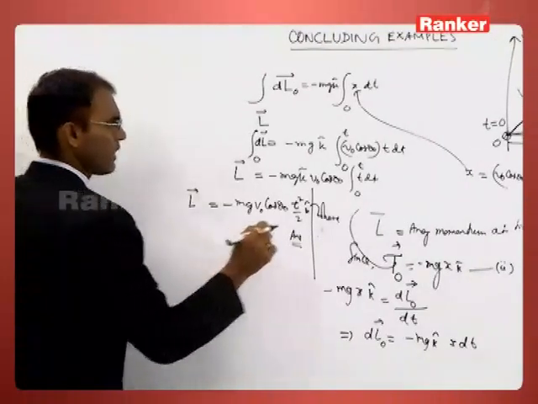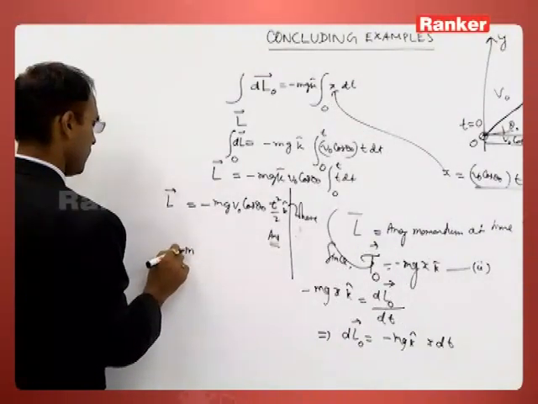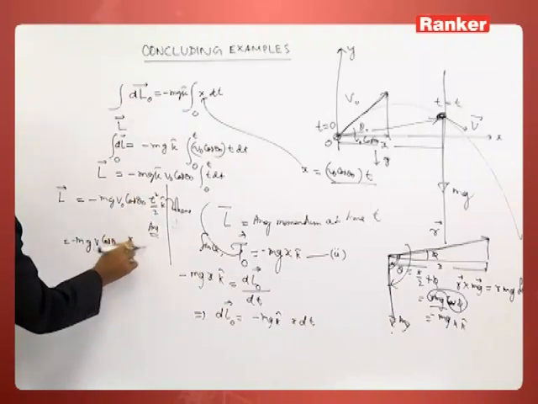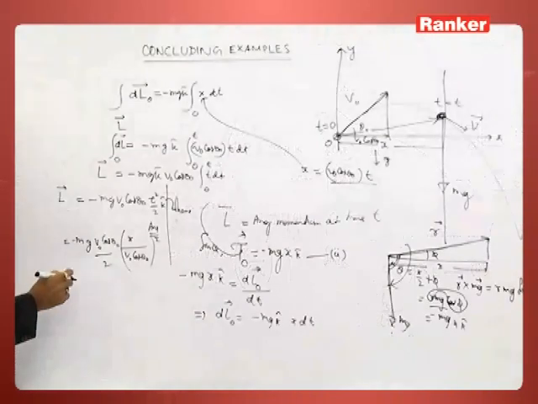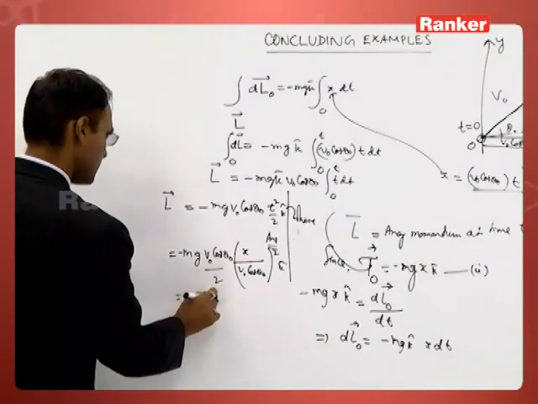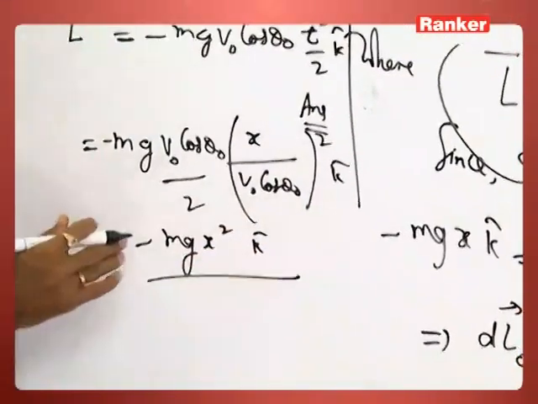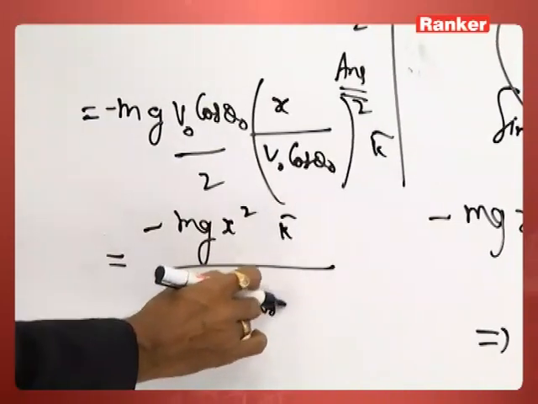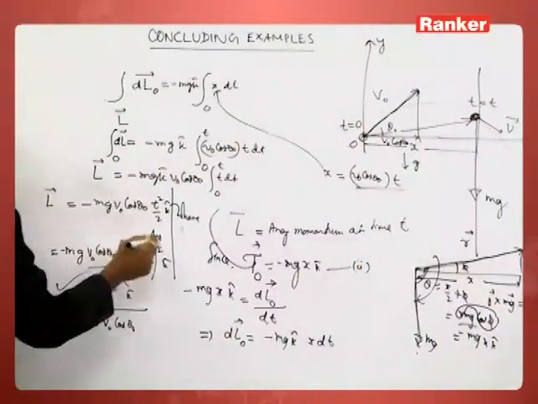And if you substitute v naught cos theta naught into t as x, we can get mg v naught cos theta naught, and instead of t you can put x upon v naught cos theta naught, whole square by 2, or we are getting minus mg x square k cap upon 2 v naught cos theta naught.